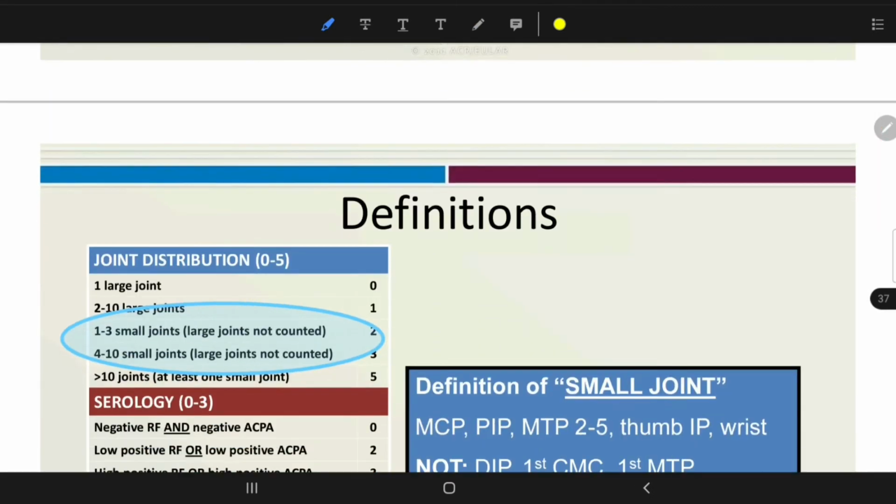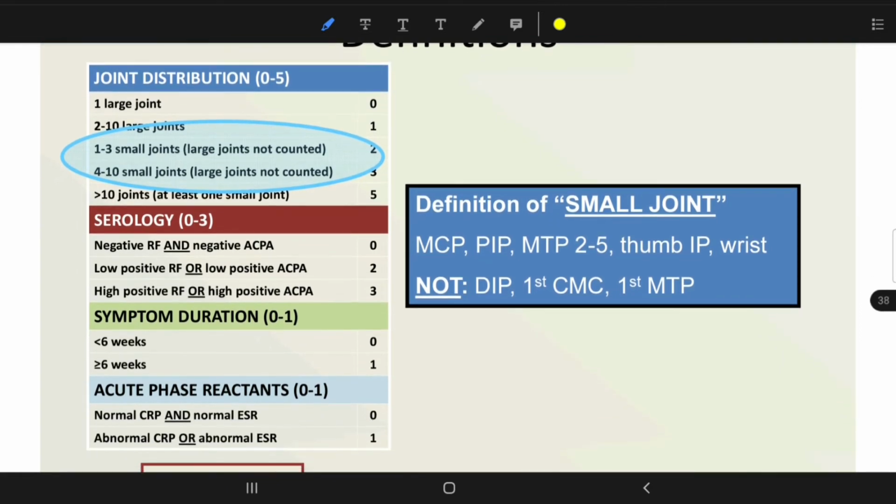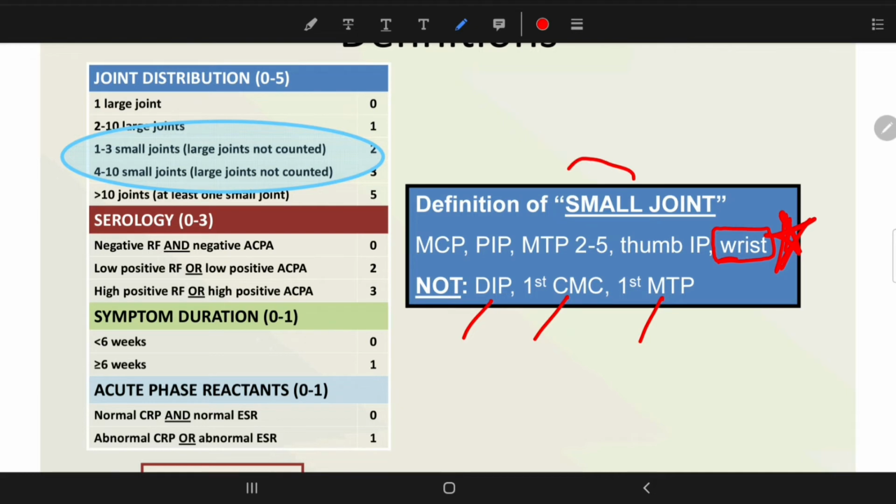Now second is about the definition of a small joint. Small joints exclude these 3 joints like we just studied: your DIP, first CMC and first MTP. All other joints are small joints, which you already know. But the catch here is your wrist joint. Some of you might confuse it with a large joint, but in these EULAR criteria, the wrist joint has been included in a small joint.